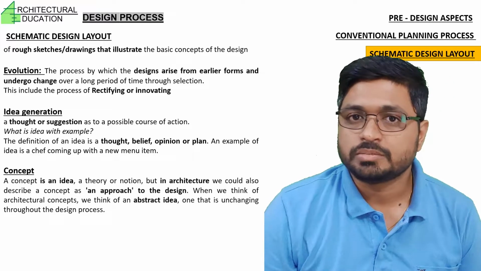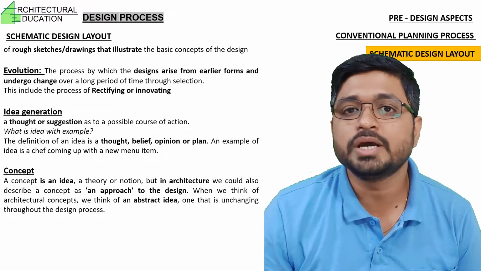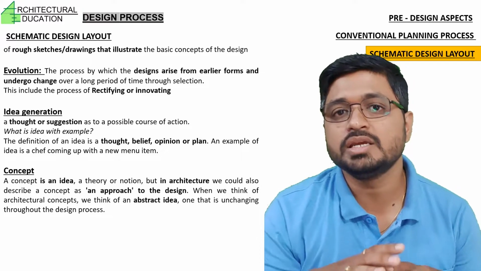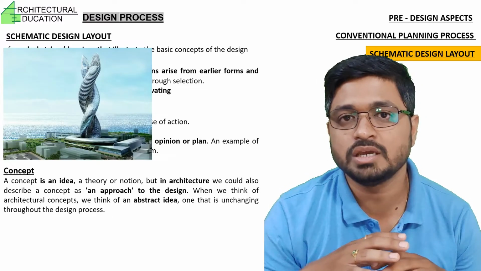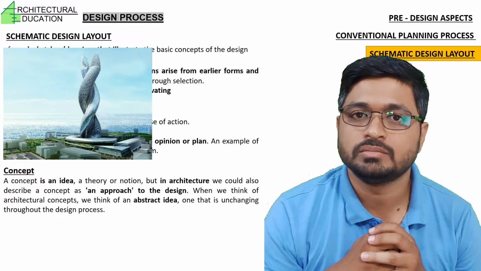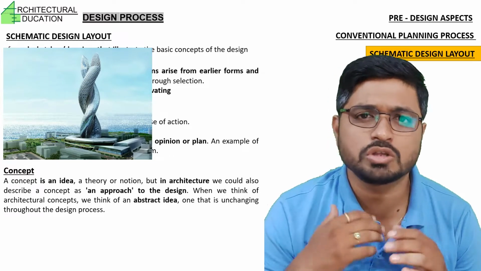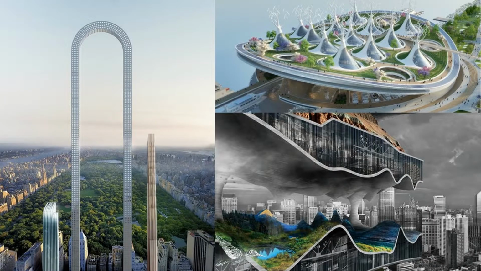Next one is concept. Concept is also an idea, but it's an abstract idea generally used by architects to show that there is a spread or a common idea throughout the site. Many people take their concept as sustainability. So maybe the concept of sustainability is spread throughout the site.